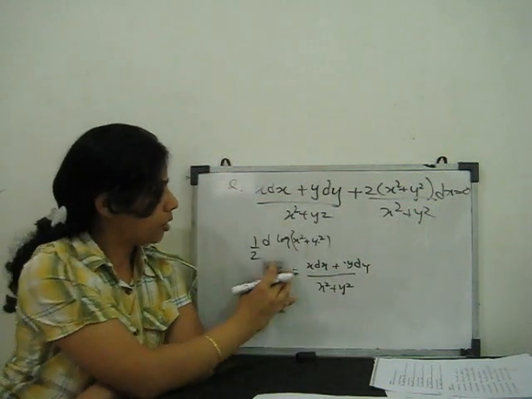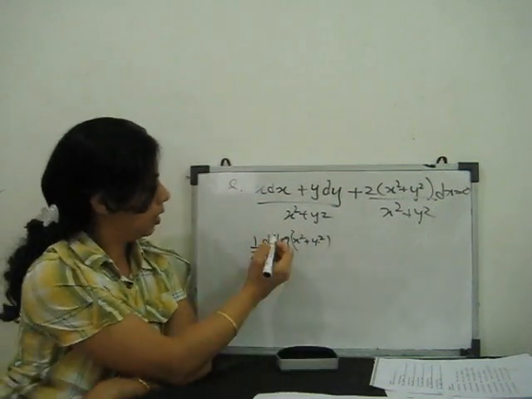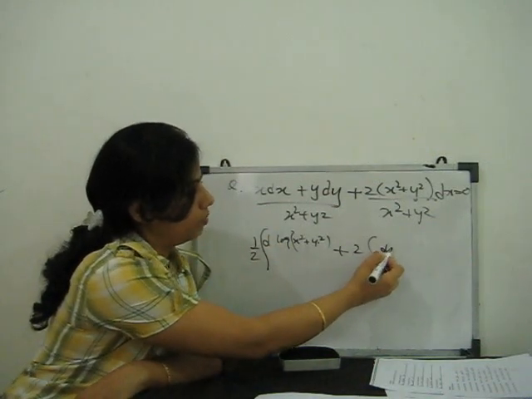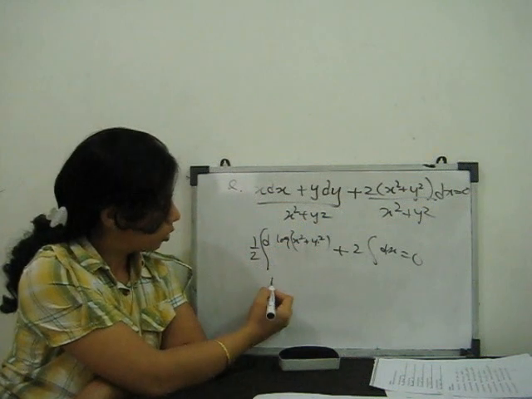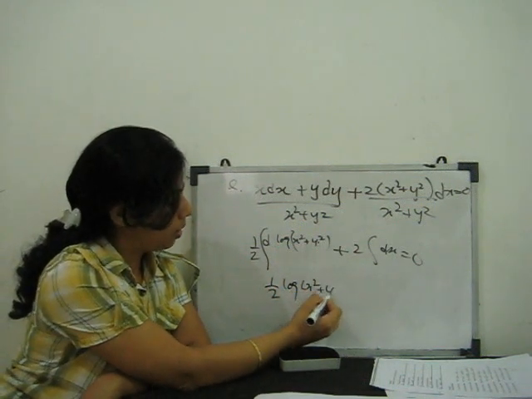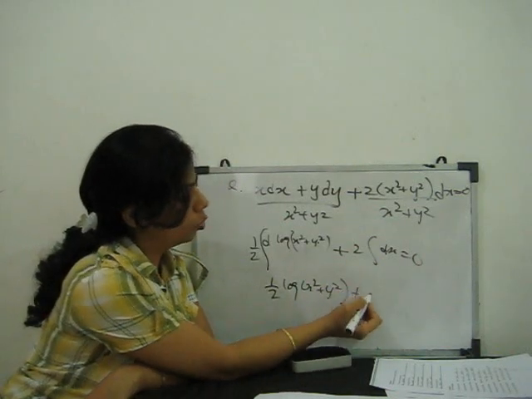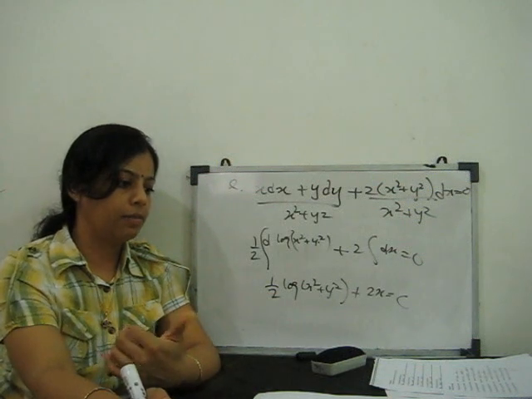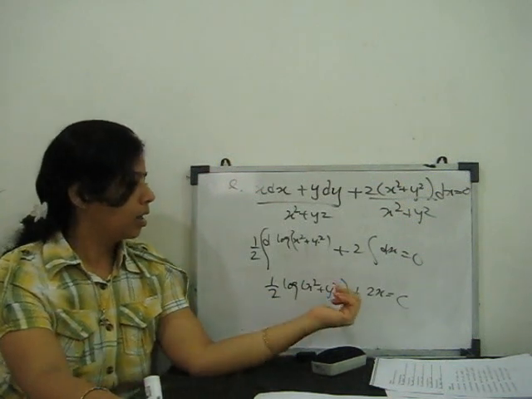So this term plus 2 times the integration of dx is equal to 0. Our solution is 1 by 2 log(x² + y²) + 2x = c. So directly we can substitute and the solution will come.